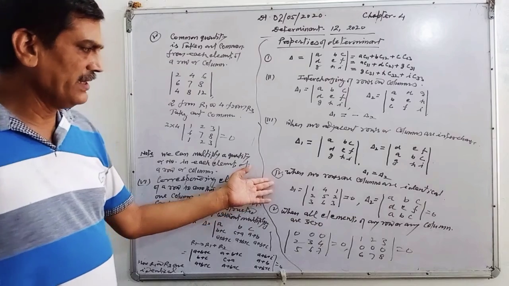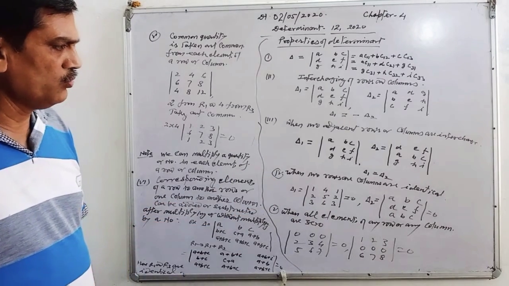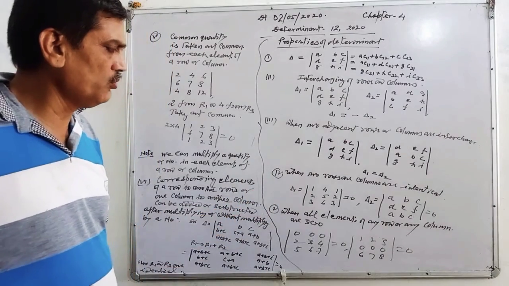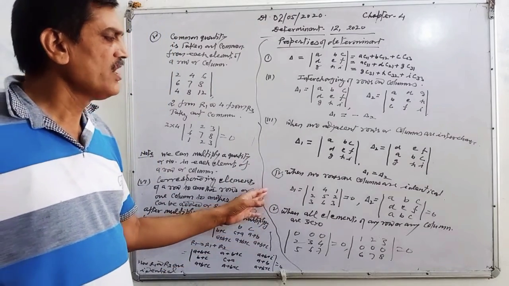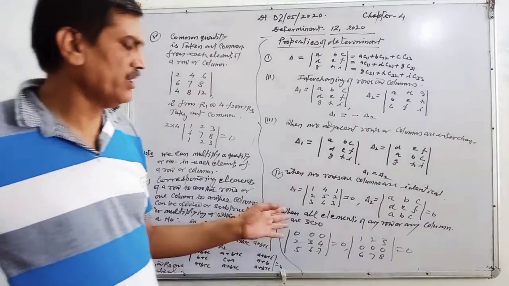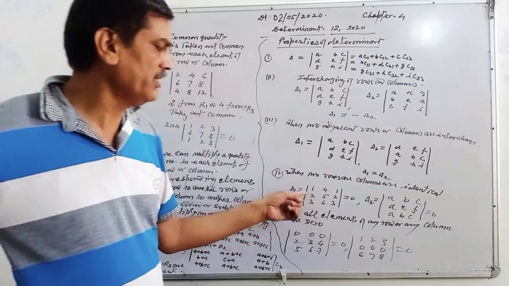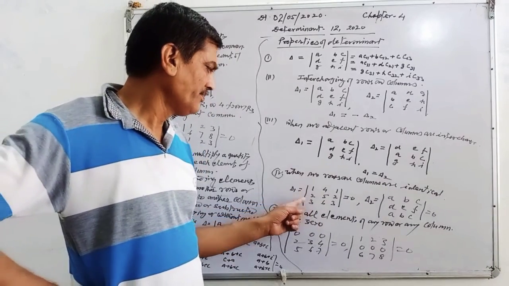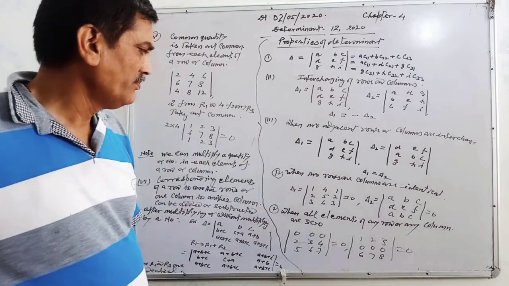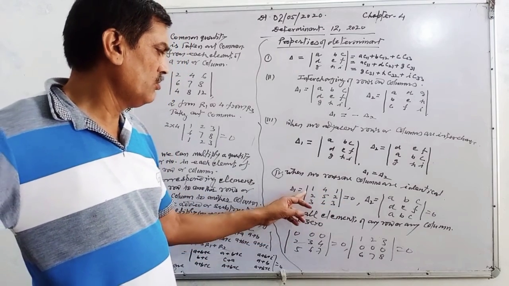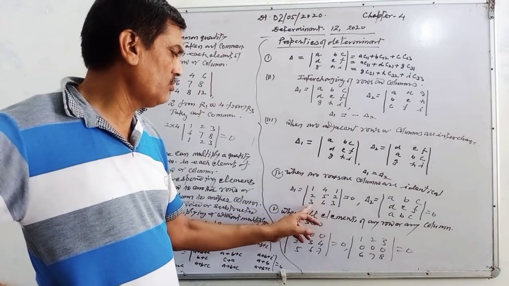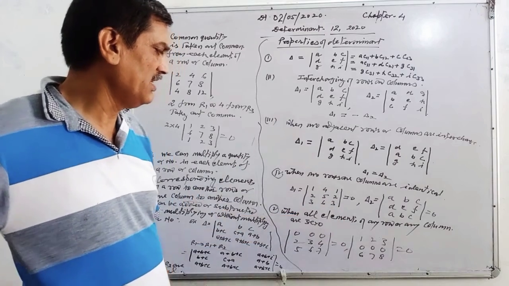Now the next property: when two rows or two columns are identical, meaning corresponding elements of two rows or two columns are the same, then the solution of the determinant is 0. Without solving, you can directly write the result 0. In this example, the first row is 1 4 1, the second 2 5 2, the third 3 6 3.